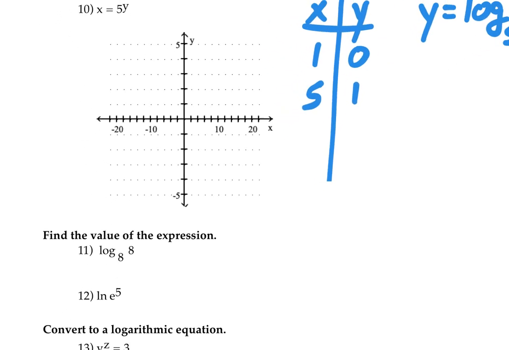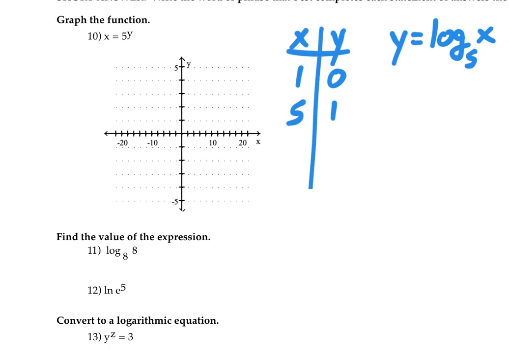Now, when I graph this, what happened on this one, first of all, the graph is counting by 2s, so it's crossing the x-axis at 1, 0.